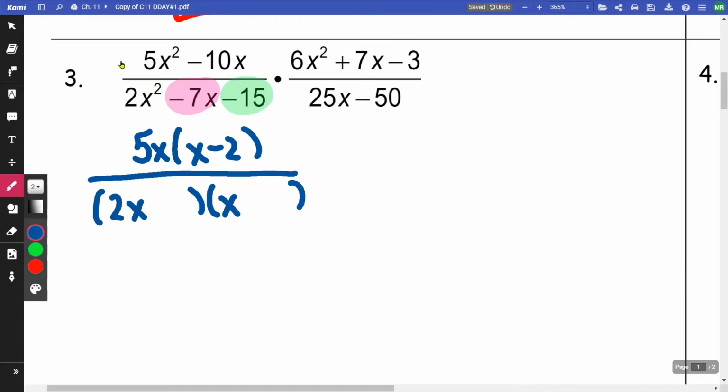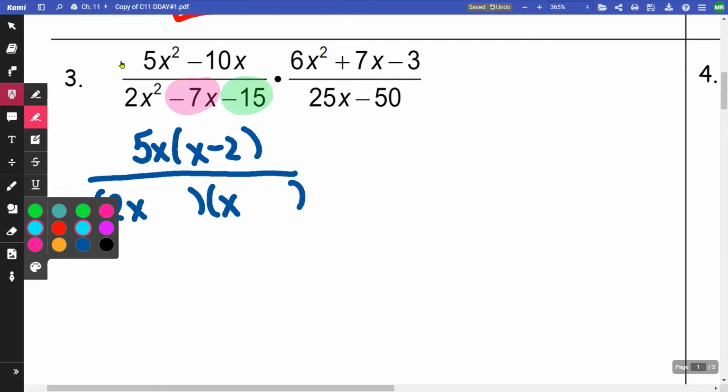Now, what I need to remember is whatever goes here is going to be multiplying with my 2x.